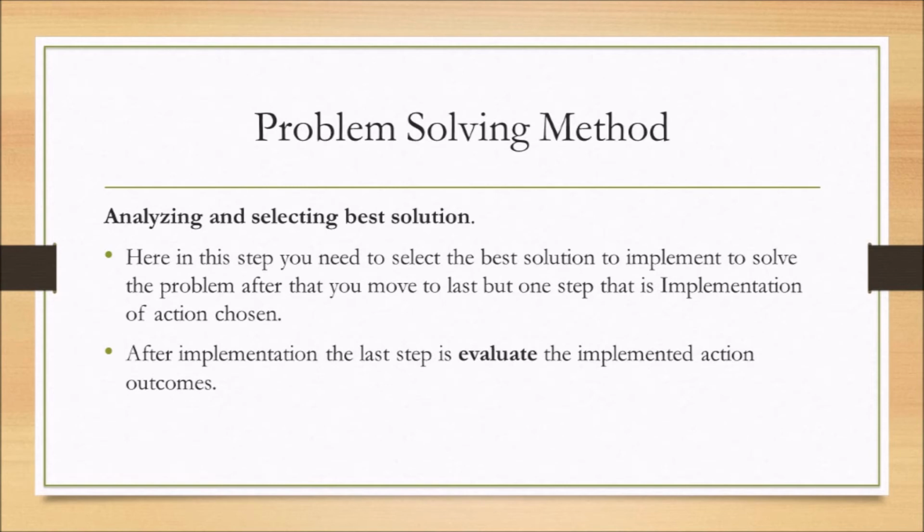After implementation, the last step is evaluation. Here you are going to evaluate the implemented action's outcomes. This is the problem solving method. I hope all of you have understood the problem solving method.